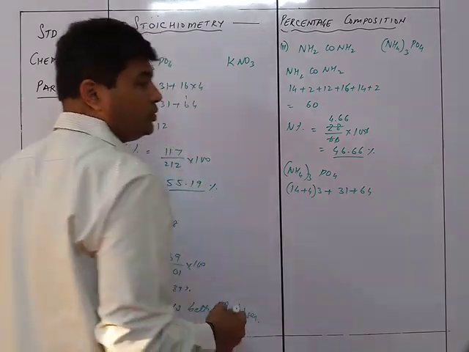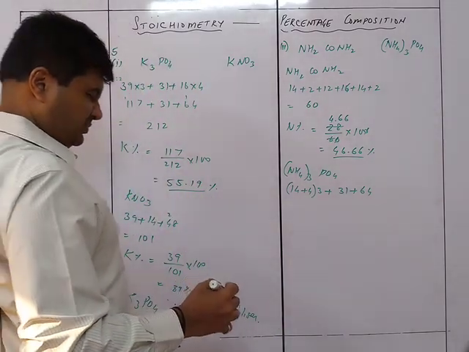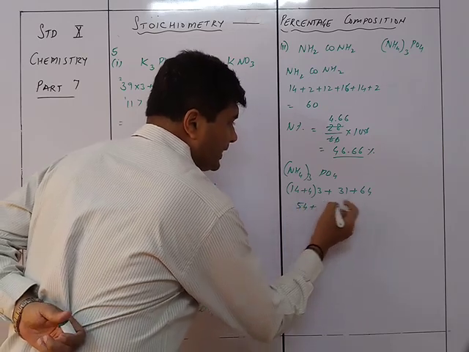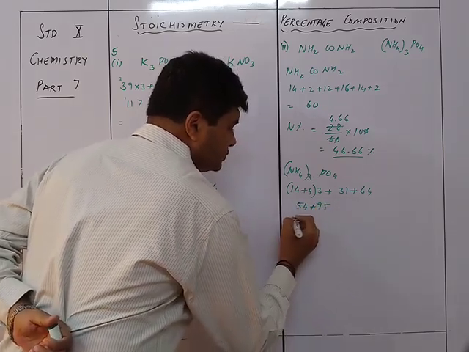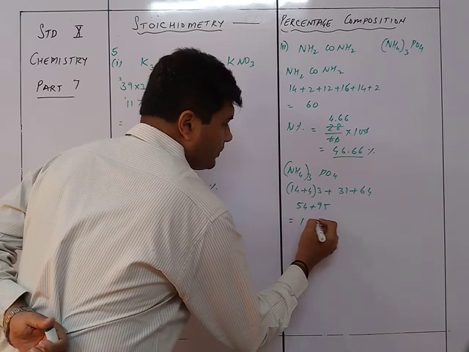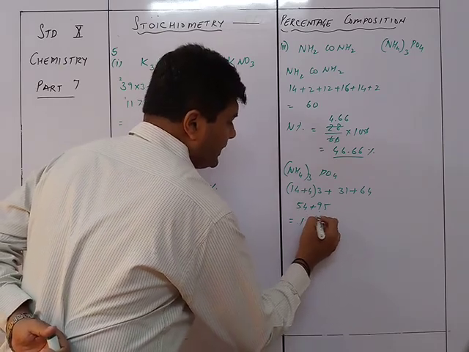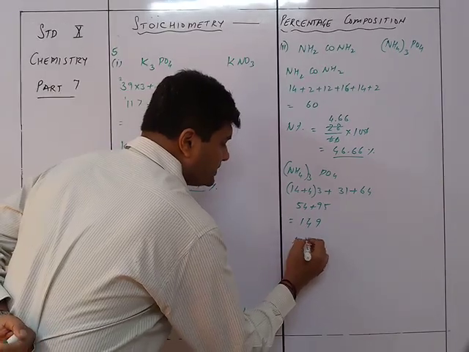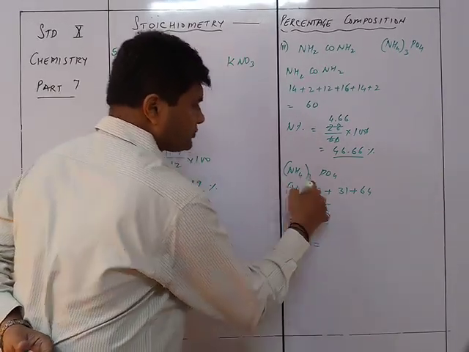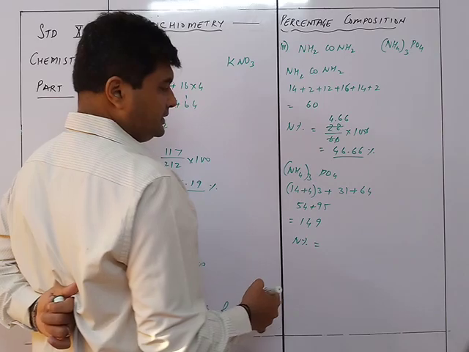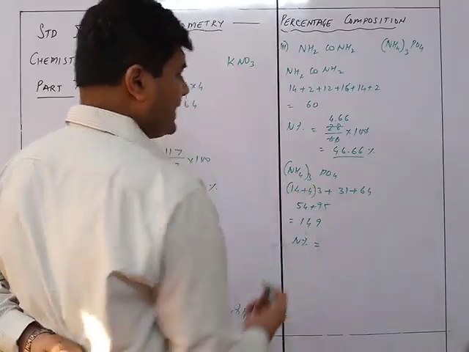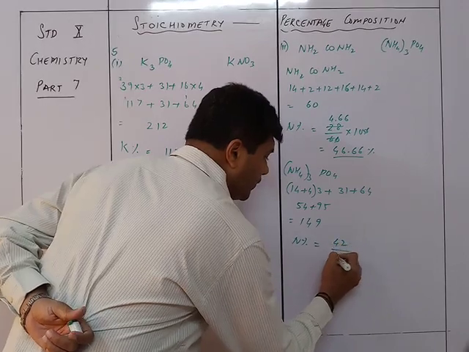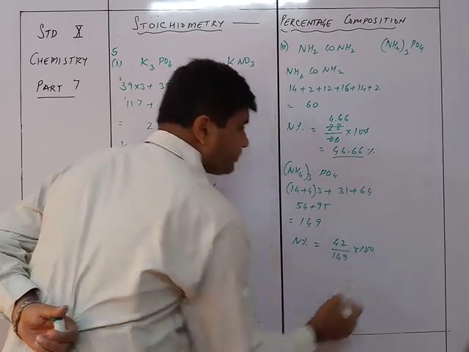Whereas (NH4)3PO4 will be 14 plus 4 into 3 plus 31 plus 64. So 18 into 3 is 54 plus 95, which equals 149. Therefore N percent is equal to 14 threes, because 3 nitrogens are there, so 42 upon 149 into 100.